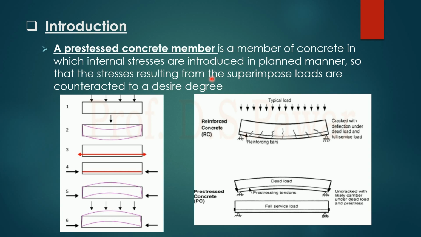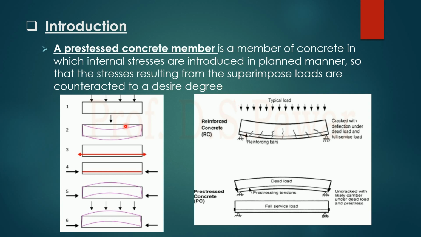Internal stresses we have to introduce in a planned manner, and how to introduce them we will see later on. The superimposed load is in terms of dead load and live load.